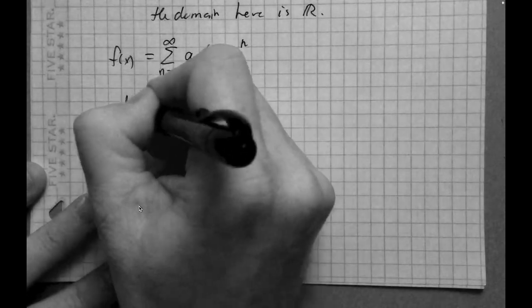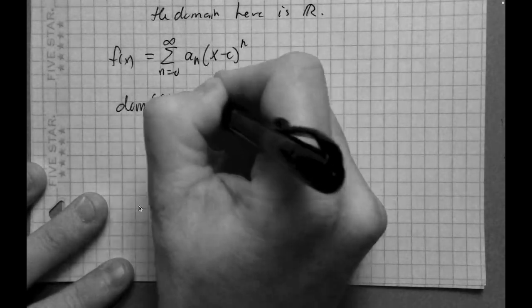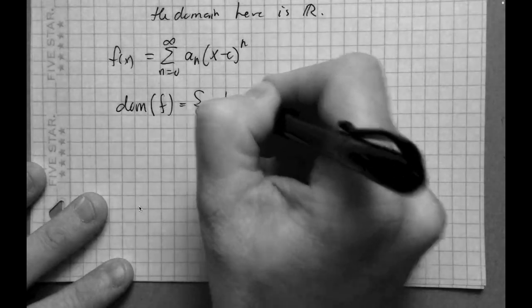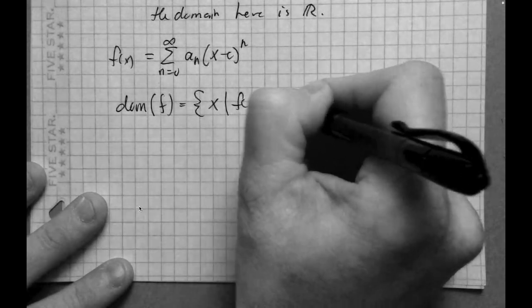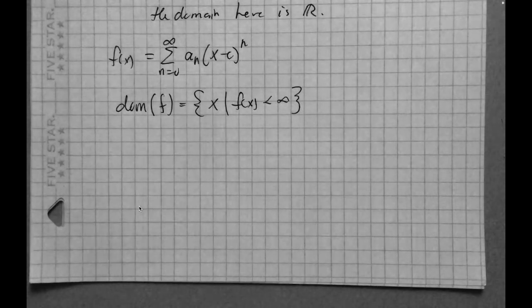We can think of this as a function. The domain of the function is equal to the set of x such that f of x is finite. Right? That's not like any function you've likely seen before. Right? But in theory, in a lot of ways, it really is kind of the same idea of a domain as what you probably are used to.